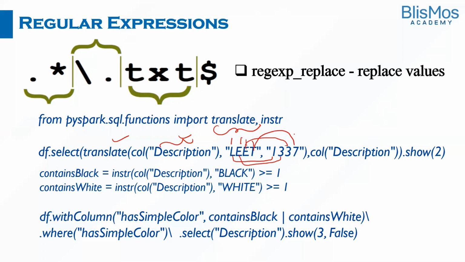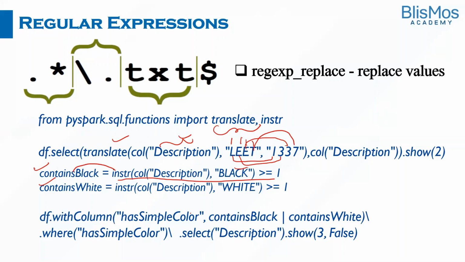We can use one more way where we can go ahead and have a variable contains_black, contains_white and use an instruction and assign this particular expression to contains_black. All we are trying to do here is, in a column called description, try to see if a black string is there, more than or equal to 1.